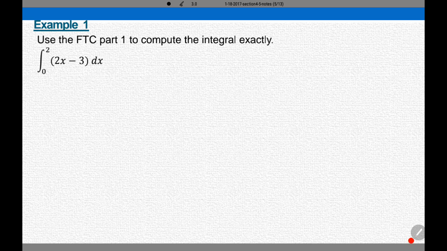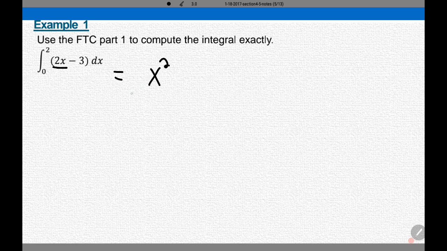So here we've got the integral from 0 to 2. Our function is 2x minus 3, and we're integrating with respect to x. So we have to find our antiderivative like we did before. I'm not going to break everything down each time and expand things. I'm going to try to do some shortcuts here and there. So we've got our 2x, and we're going to do our power rule like we did before. Right now x is to the first power, so I've got 1 plus 1, which is 2.